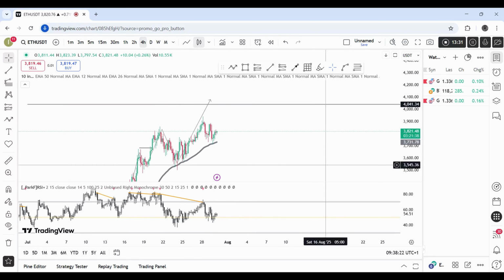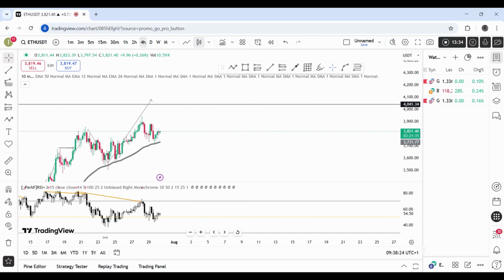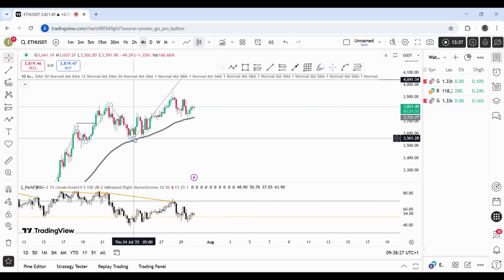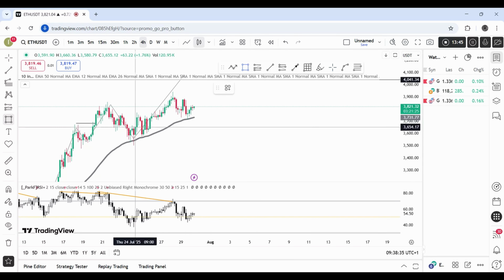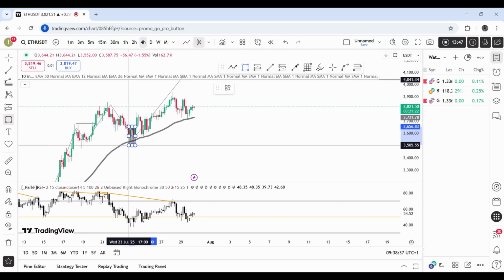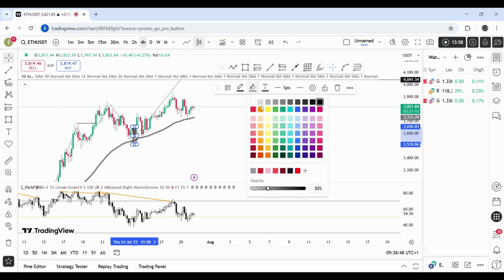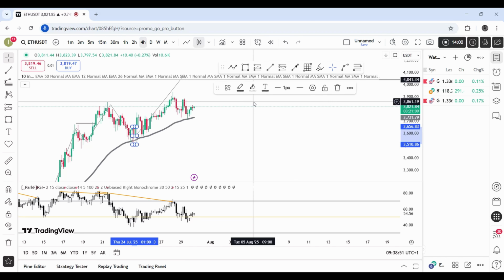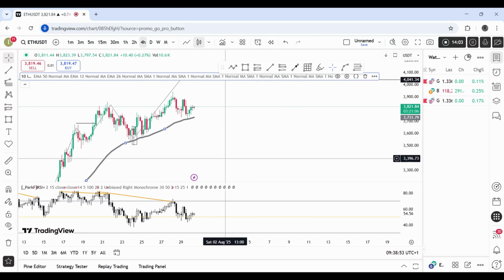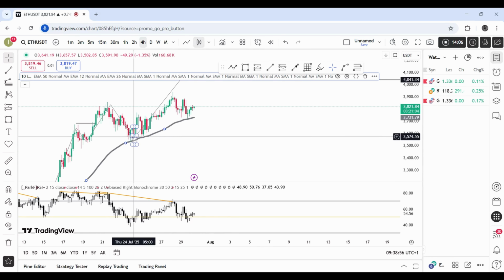And when price touches our 50 EMA around there, you can see a bullish engulfing candle. You can see a bullish engulfing candle around here.